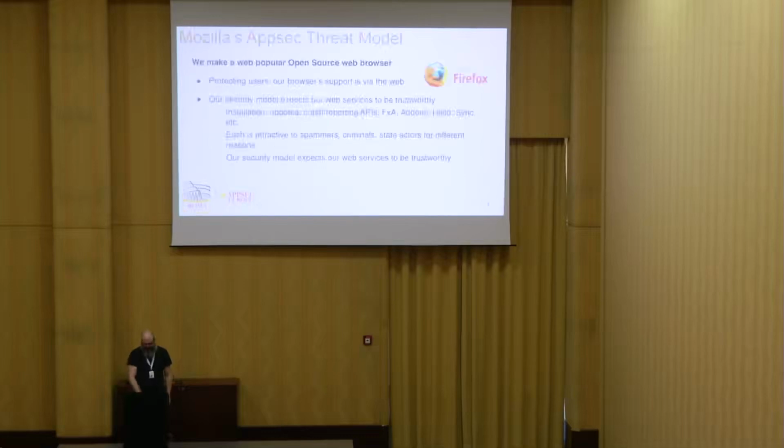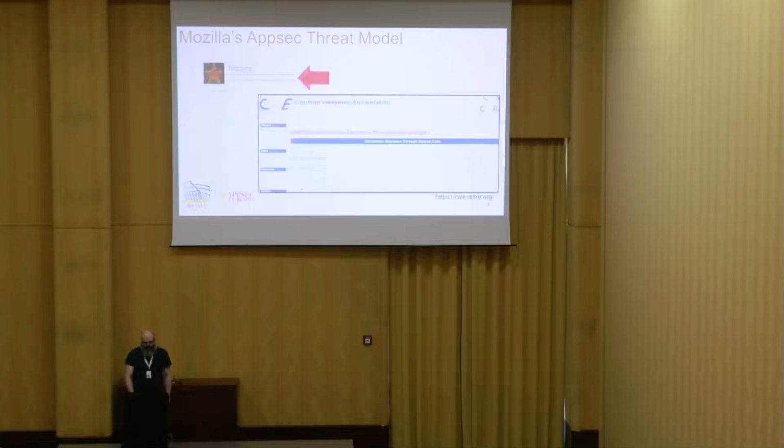So we share a lot of stuff at Mozilla. You've probably heard of us. We make a web browser, and it's all open source, and a whole bunch of other software like Bugzilla and all kinds of other things that are pretty popular. And so what that means is we have a little bit of a different threat model than a lot of organizations do.